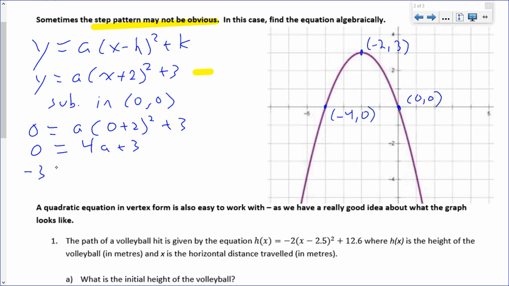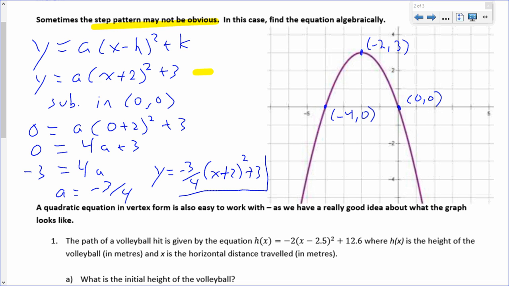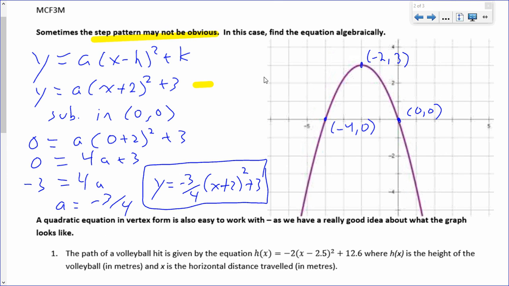Negative 3 equals 4a. Divide both sides by 4, and I get a equals negative 3/4, which gives me my equation. y equals negative 3/4 times (x plus 2) squared plus 3 for your final answer. Okay, let's look at the next one.